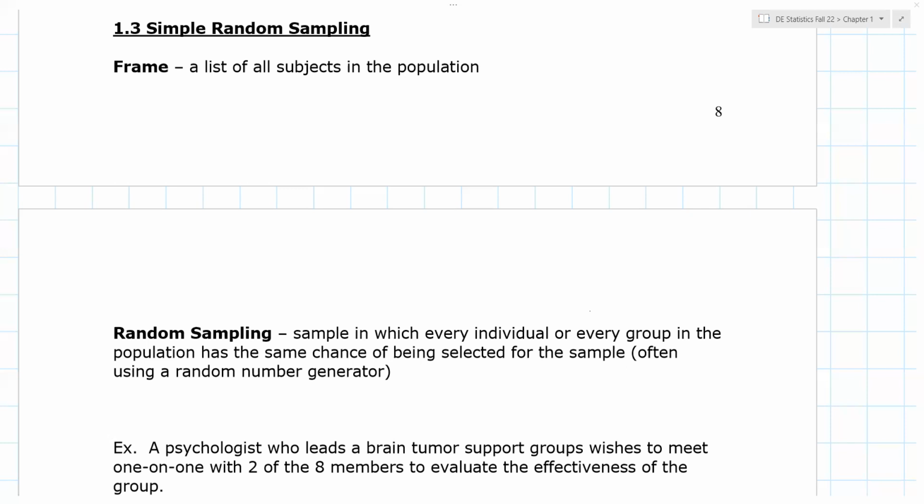Those 35 other students whose name I don't have aren't going to have an equal chance of getting picked. And so that's why we need that frame. In order to have a good sample, everyone in the population must be available for me to choose from. And so for most of our sampling techniques, you're going to have a frame.